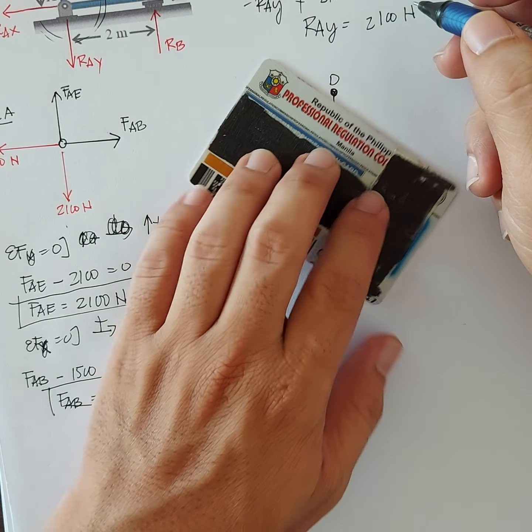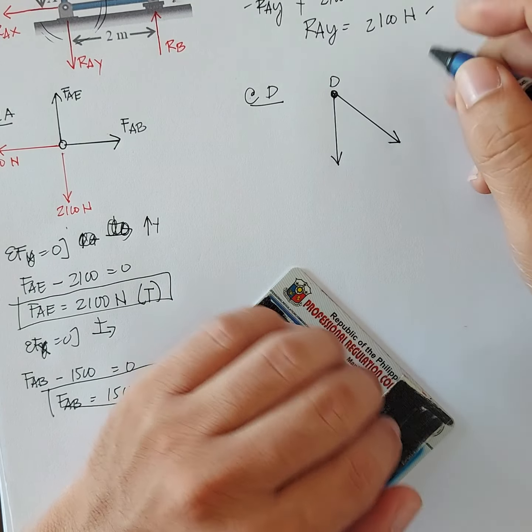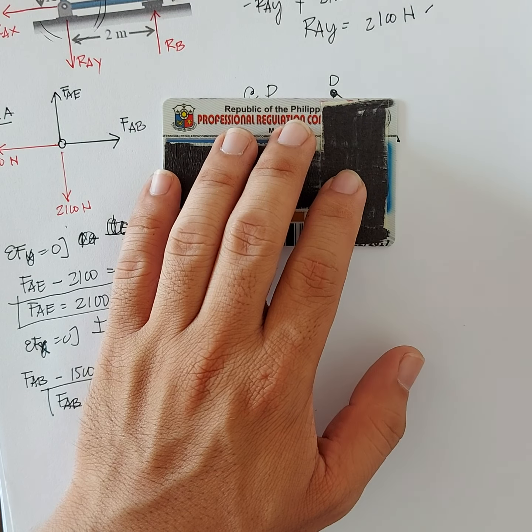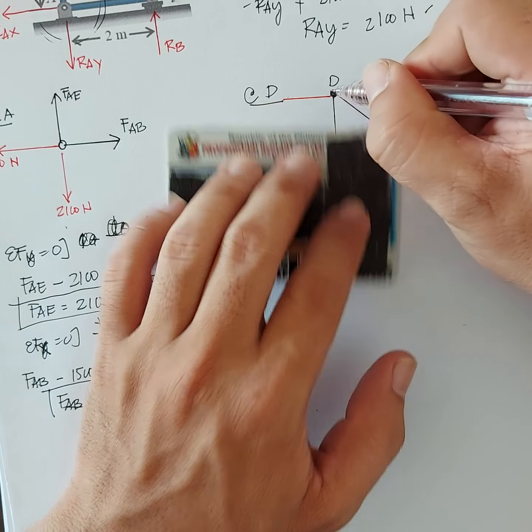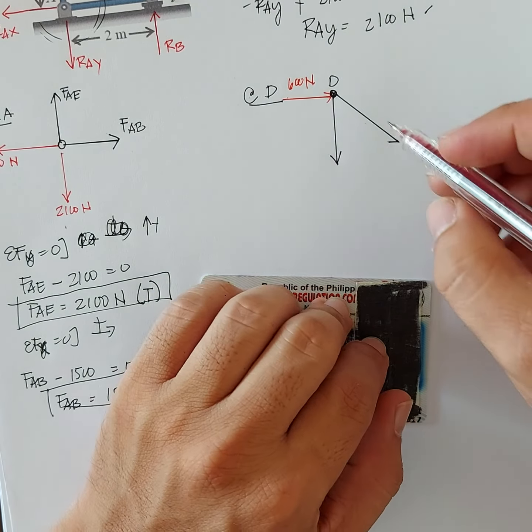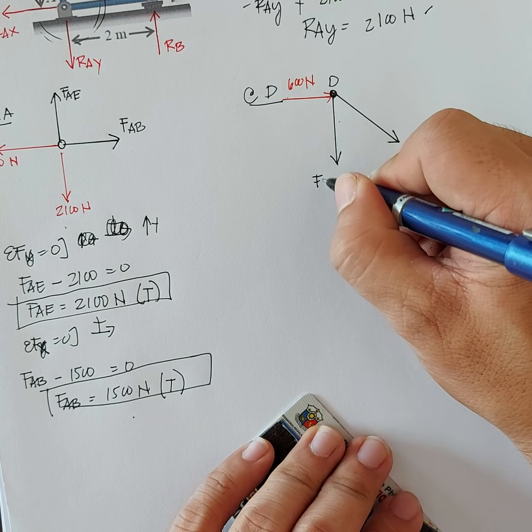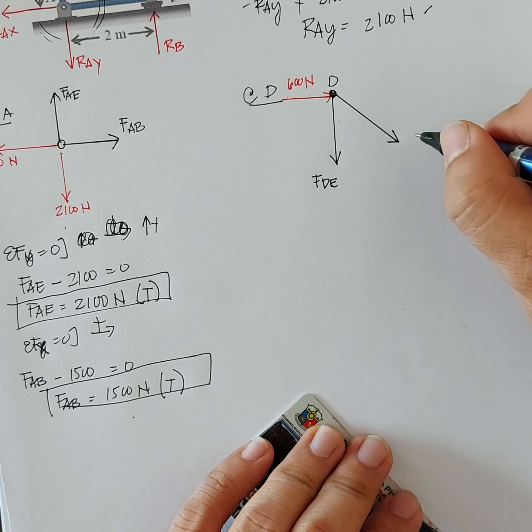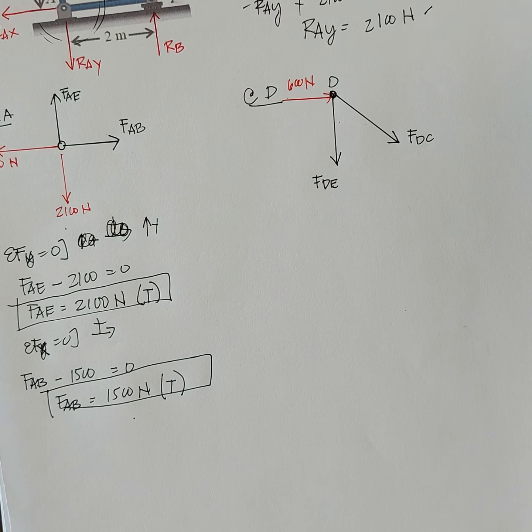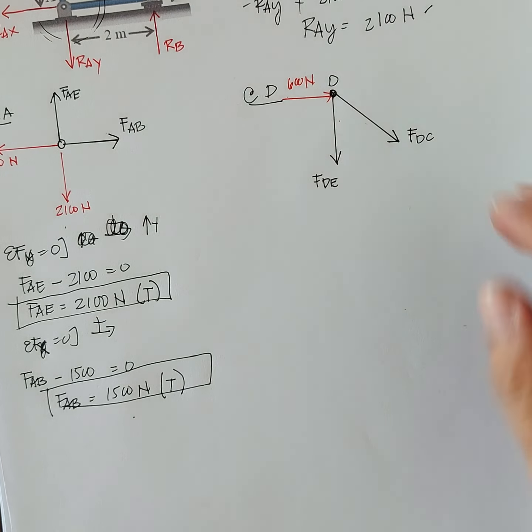Again, i-assume natin na tension ulit. Don't forget to include yung external force natin na 600 newtons. Ayan. So, ito yung FDE. And this is FDC.